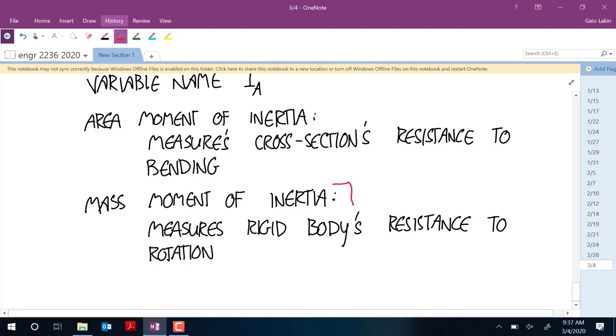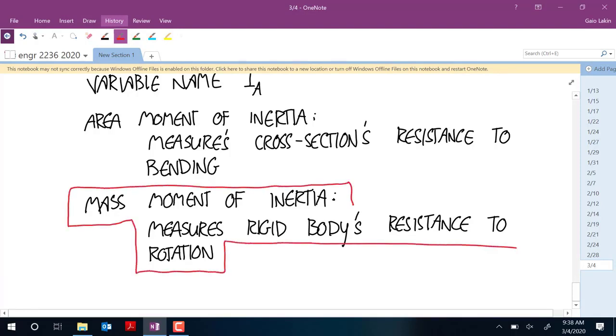So this is the one that we're dealing with, talking about the ability to rotate a rigid body.